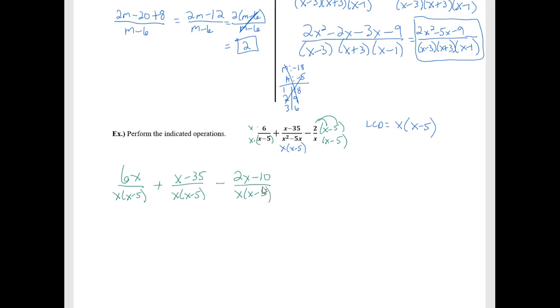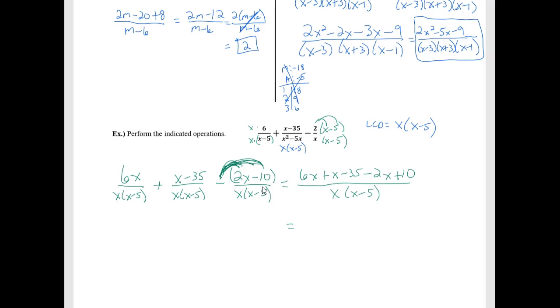Alright, now that they all have the same denominator, we can add or subtract them. Notice here with the subtraction, we have to subtract the entire quantity. So in the numerator, I'll have 6x plus x minus 35, and then distribute, right? So negative 2x, and then a negative times a negative will make a positive 10, all over the LCD.